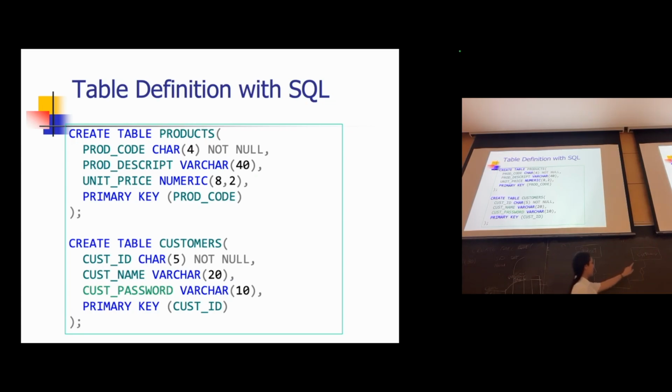So each customer can place multiple orders. How about order? Each order belongs to only one customer, right? Now, order and product. Each order can include multiple products, right? Each product can belong to many orders, can appear in many orders, right?